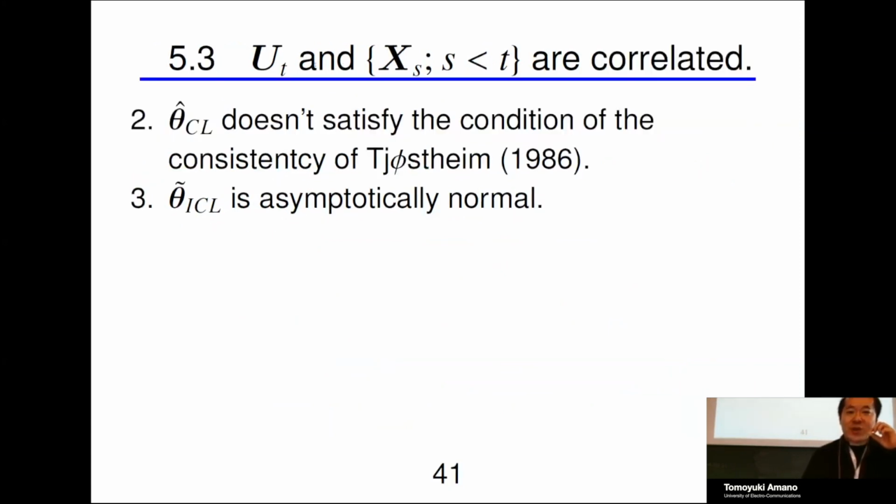But if ut and xt are correlated, CL doesn't satisfy the condition of Jeong and Stem. But our new estimator ICL is asymptotically normal. Thank you very much. That's all.